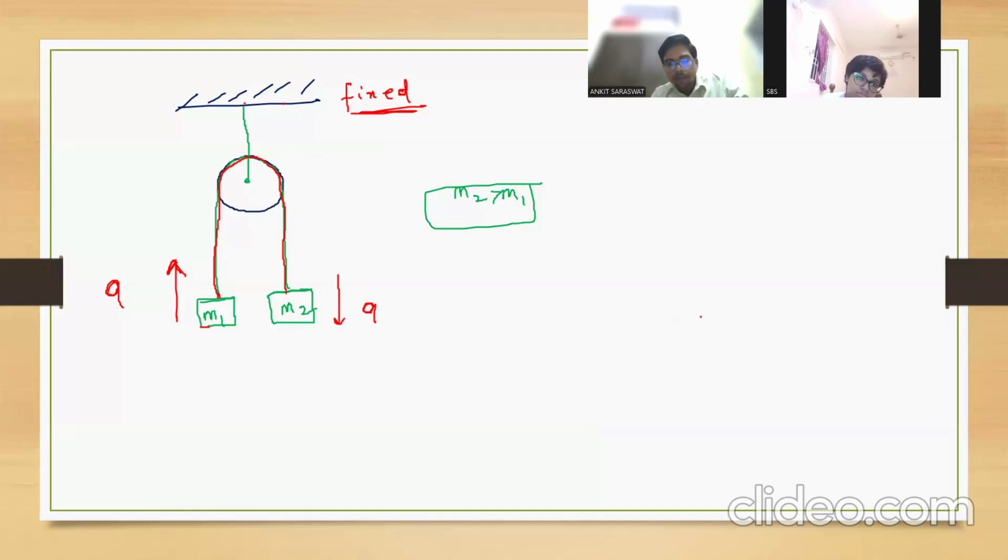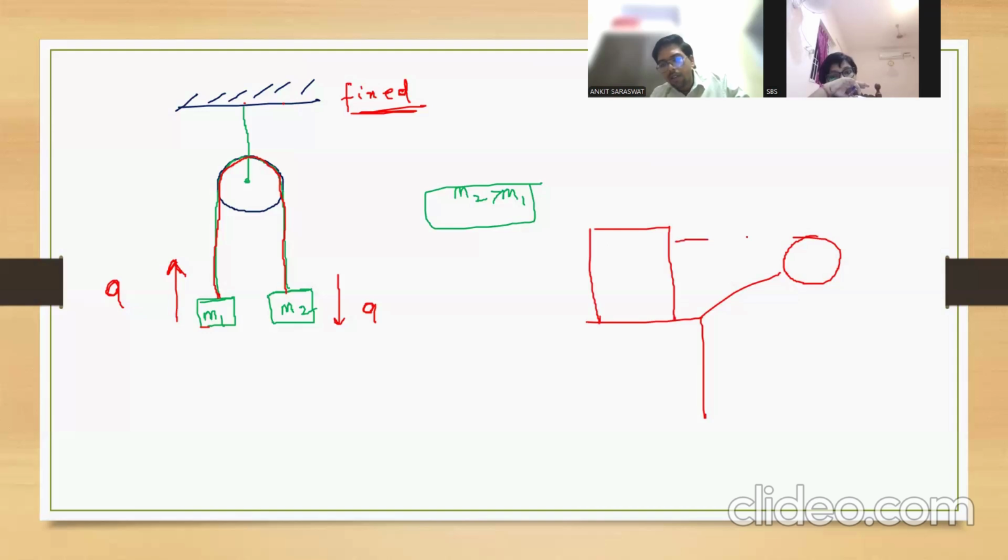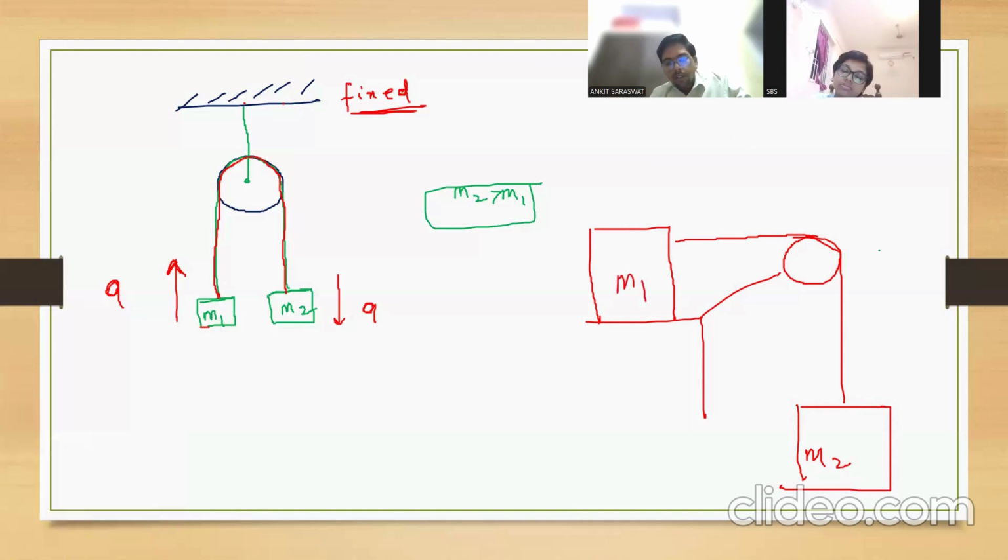For example, this case. This is a pulley. One block is like this, and this is the string. This is the second block, M2 here, M1. Clear? Now, in this case also, you can check, both the blocks are connected by the same string.